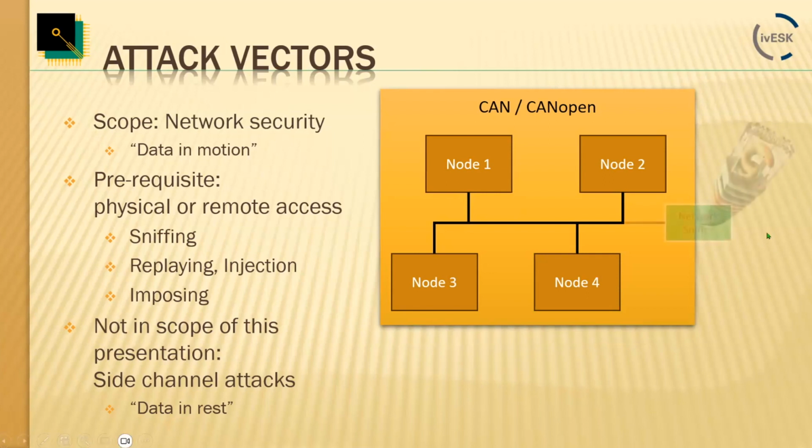What we are mainly concerned with is the traditional network sniffing, or as soon as someone has access to our CAN wires, what can that attacker do? So they can do sniffing, replaying some messages, inject messages, or if they knock out one of the other devices, they can try to do imposing, being an imposter and trying to behave like that device.